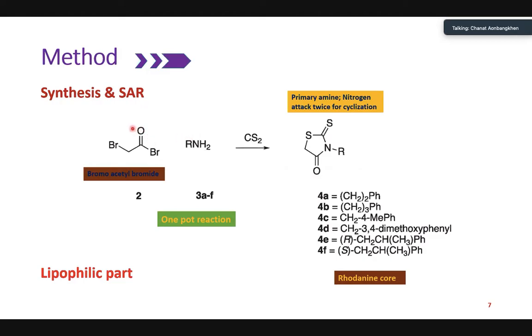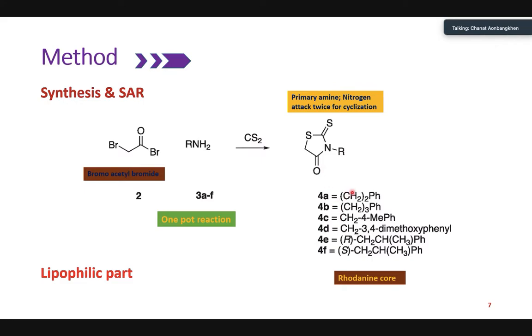Now to the synthesis and the structural activity relationship of the compound, we need to synthesize the rhodamine core. The synthesis occurs by using acetyl bromide together with a primary amine in carbon disulfide. This reaction takes place in a one-pot reaction to get the rhodamine core.